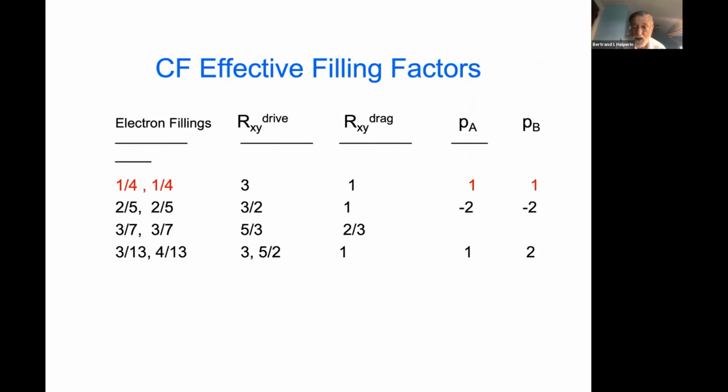Each time you add a quasi-particle, you're taking one electron from one layer to the other, but you're also shifting the total occupation by 1/7. And you keep doing that, and that will move you along a line that has slope 3/7 or something like that in the plane.